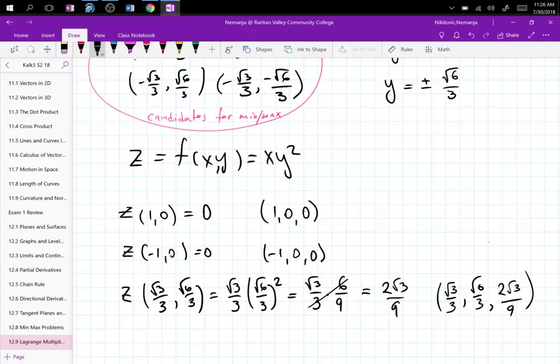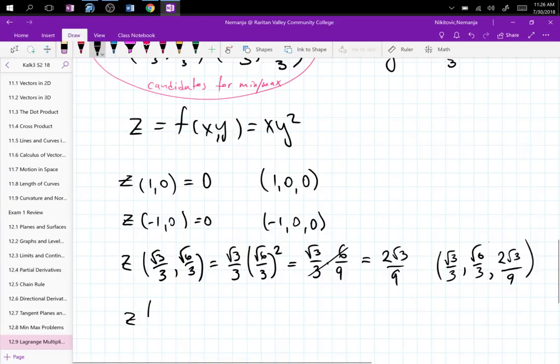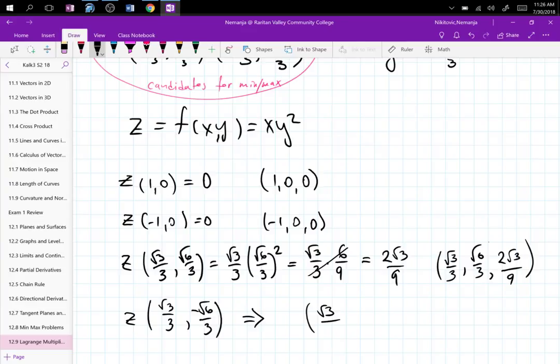Now, if you observe, there will be symmetry here because y is squared. So if you have always the same numbers coming in and just playing with signs, obviously z of root 3 over 3 and negative root 6 over 3 is going to give you the same point on the z coordinate.